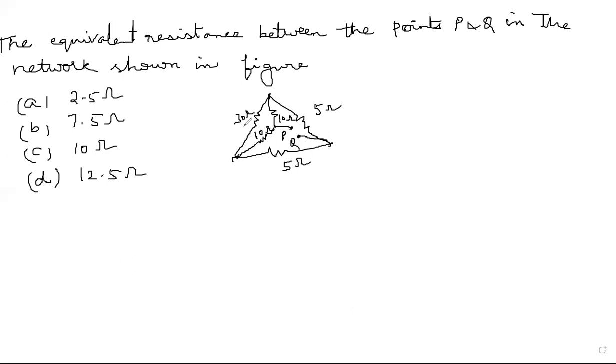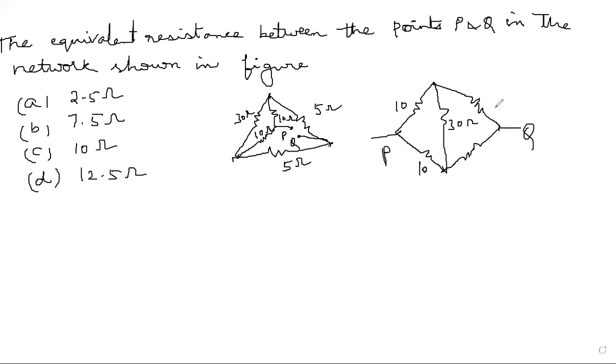I'm going to stretch this P and Q. Then I'm going to draw the circuit as this is Q and this is P. So middle one will be 30, 10, 10, 5, 5. Since it is a balanced network, this part will be eliminated.